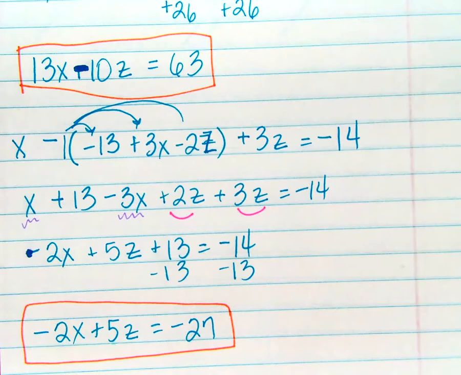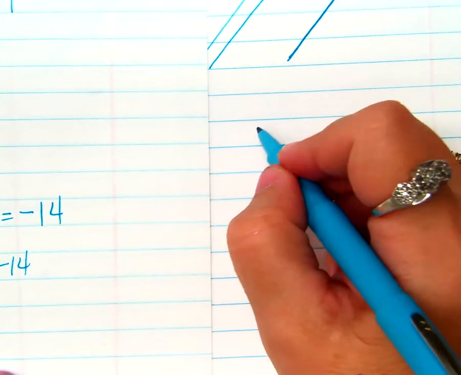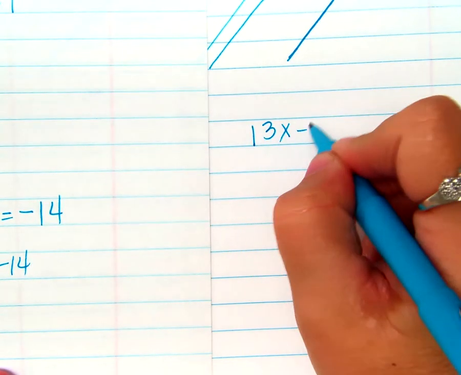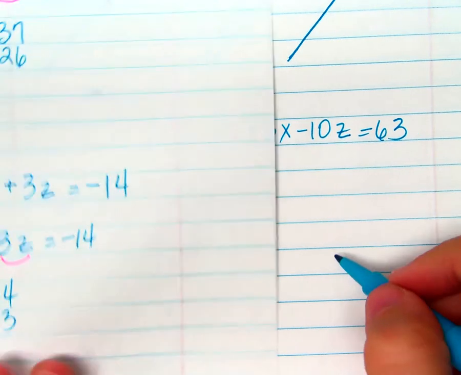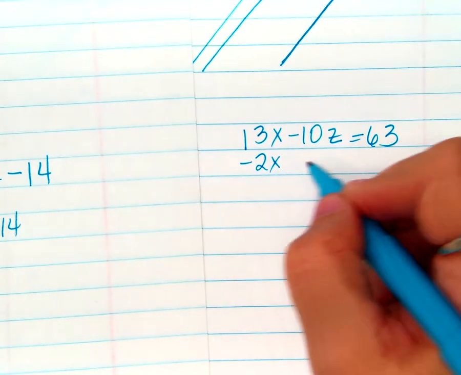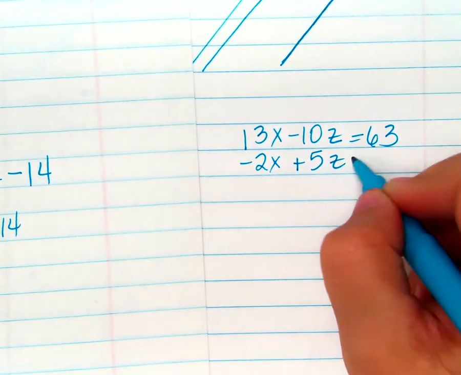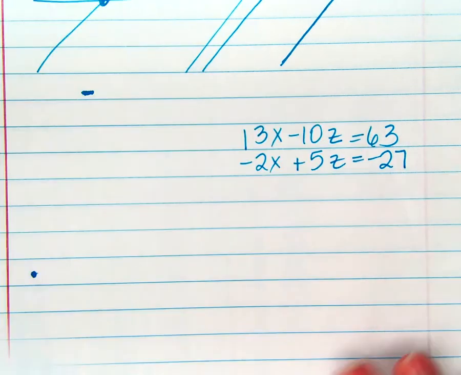Can I pull those two out and make like a whole new system of equations with just those two? Absolutely. I have 13x minus 10z equals 63. And I have negative 2x plus 5z equals negative 27.